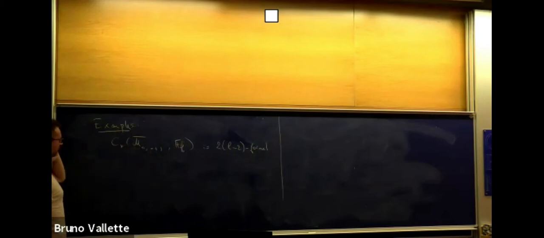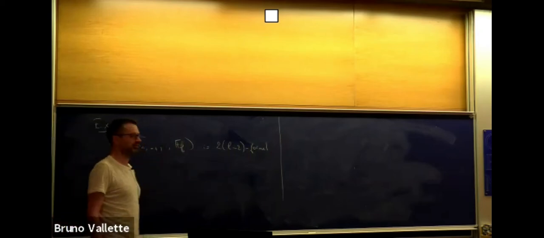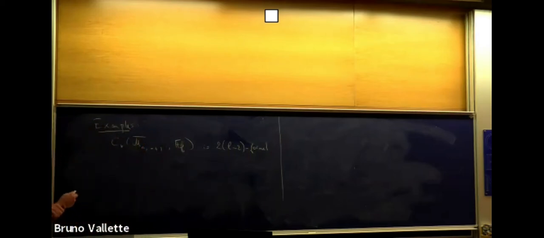So it's formal up to homological degree 2 times L minus 2. So the larger L is, the better the formality result is. So if L is 2, it doesn't tell us anything.